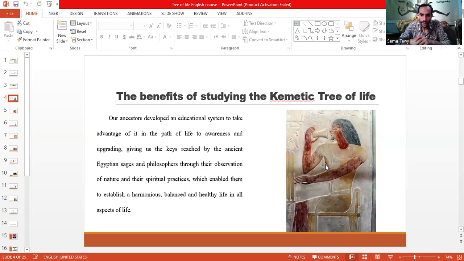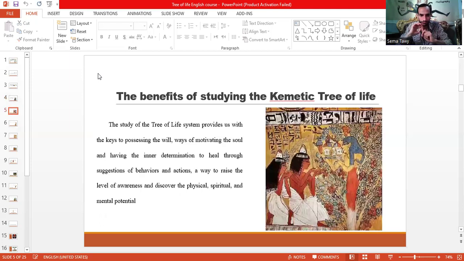So their observation of nature and their spiritual practice enabled them to establish a harmonious, balanced, and healthy life in all aspects of life. This is the kind of educational system which we will study.